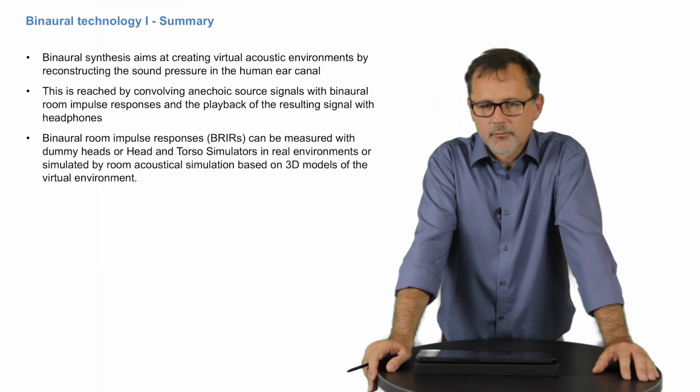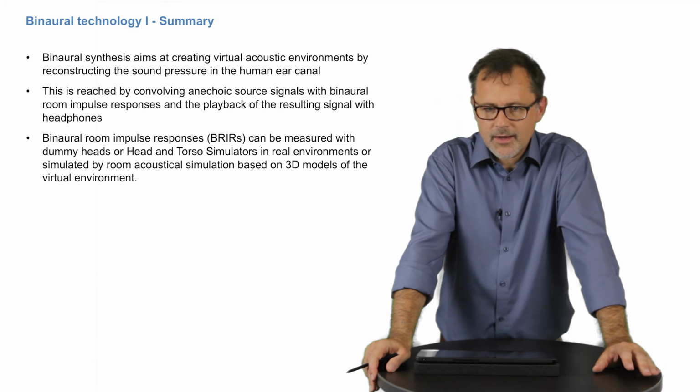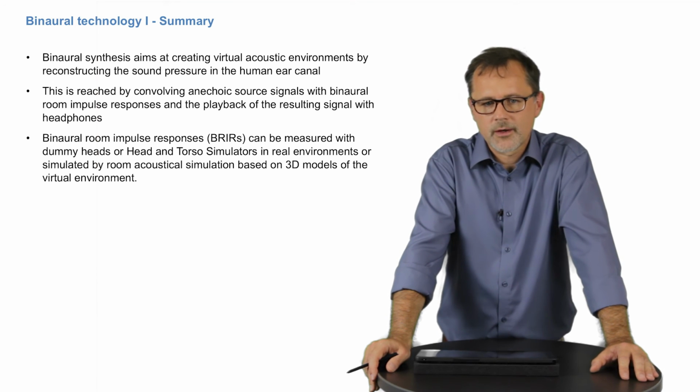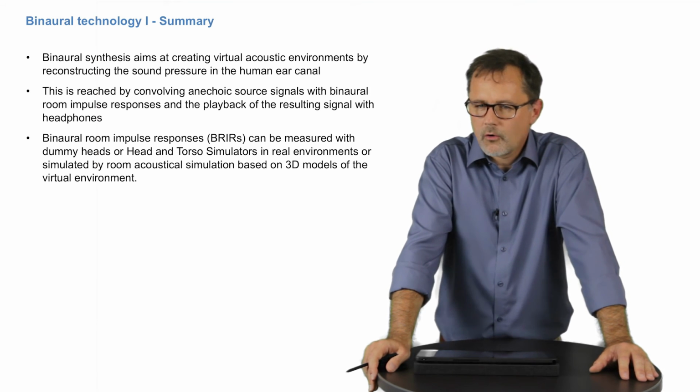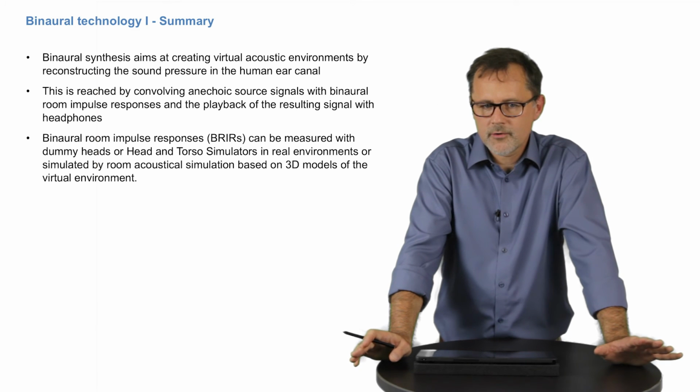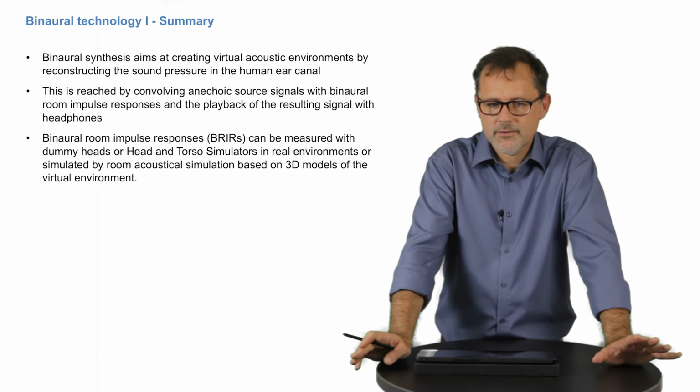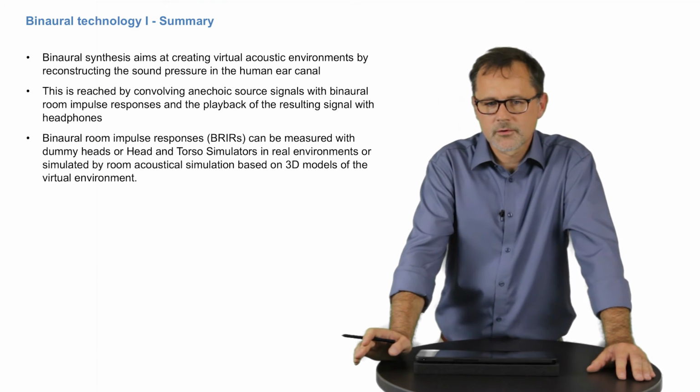Binaural room impulse responses can be measured with dummy heads or head and torso simulators in real environments, or simulated by room acoustical simulation based on 3D models of the virtual environment and by applying HRTFs to each individual sound reflection.